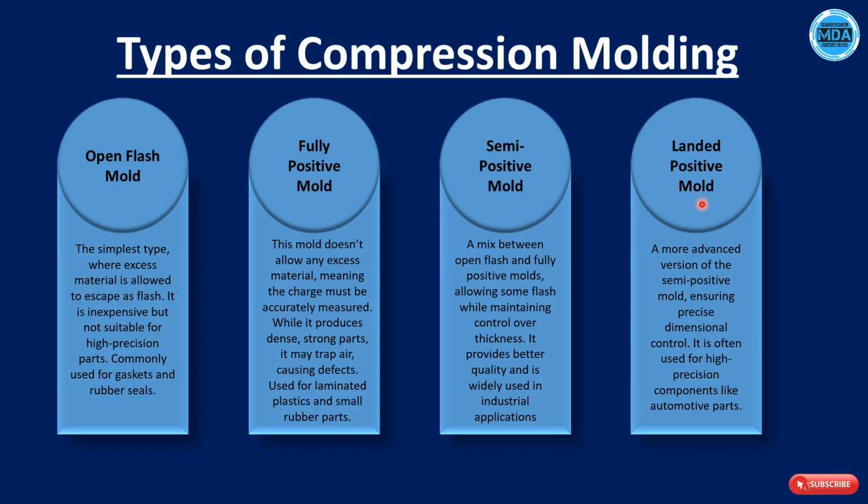This is the advanced version of the semi-positive mold. It ensures precise dimension control, so we get proper dimension control and the exact part. It is often used for high precision components, like automotive parts.